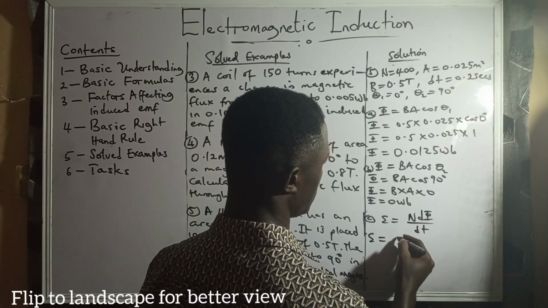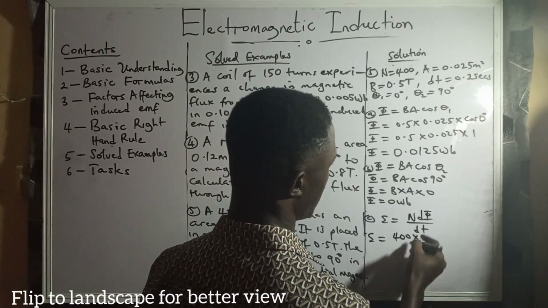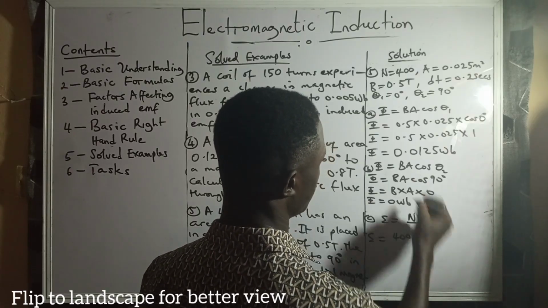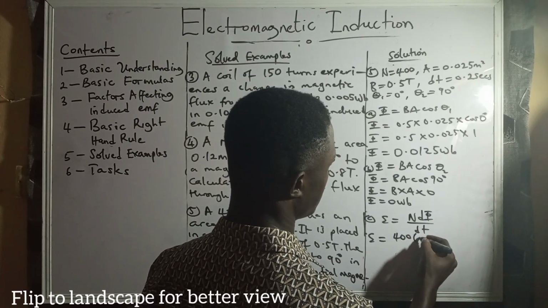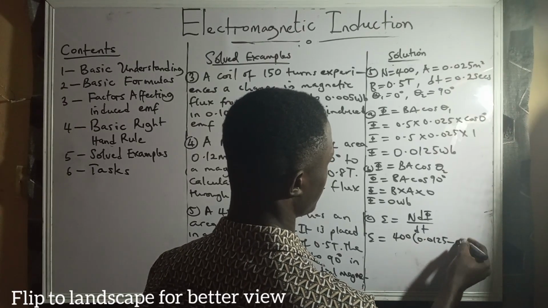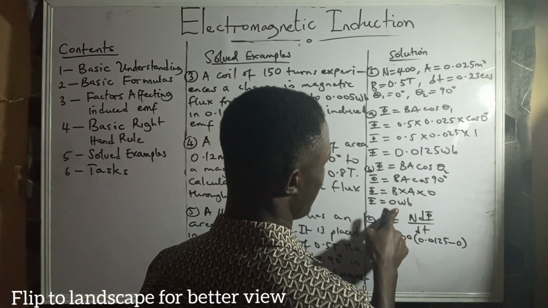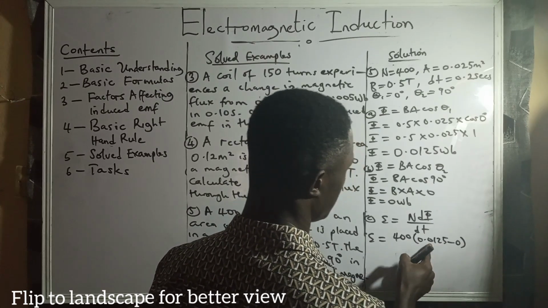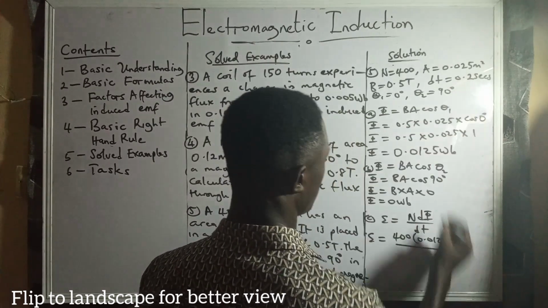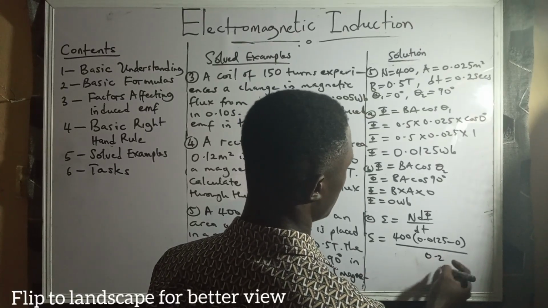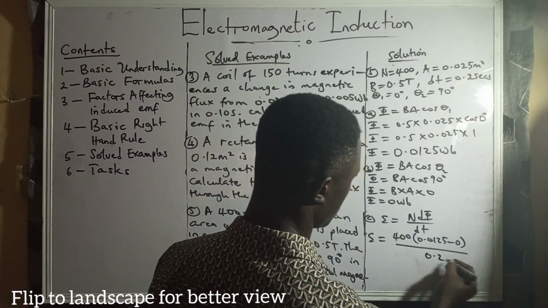N is 400 times, we subtract the final from the initial magnetic flux: open bracket 0.0125 minus 0, over T, which is 0.2 seconds.